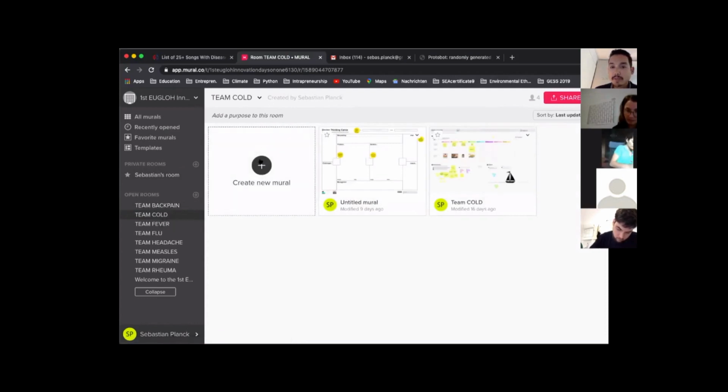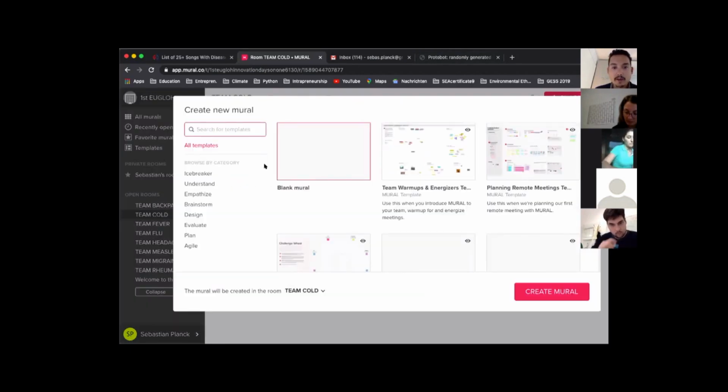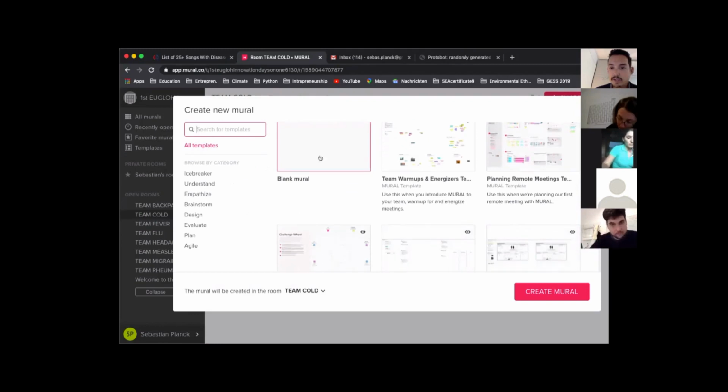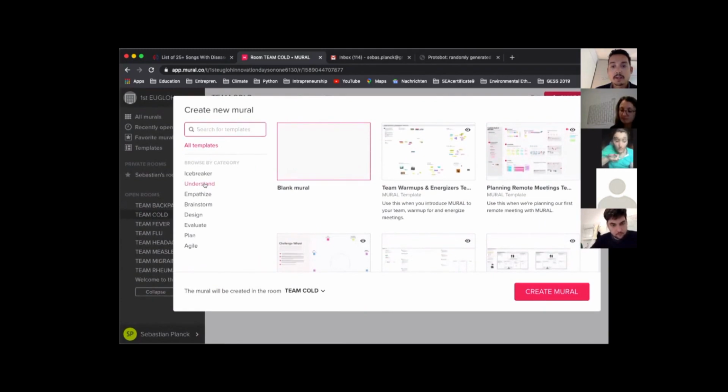I can open up, and you can see I already set up a design thinking canvas here and also a team canvas that you already filled out. What you can also do is open another Mural here, and there are a lot of different tools and templates that we will use today and over the course of the next couple of days, and you can fill in your own research map. So let me check.